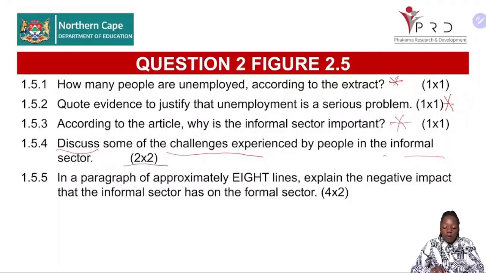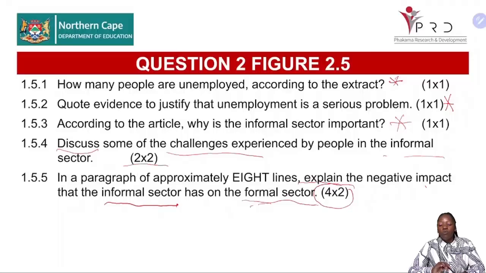Then number 5, in a paragraph of approximately 8 lines, remember you need to give a full answer, explain the negative impact that the informal sector has on the formal sector. 4 times 2, meaning you need to give 4 responses for you to get the 8 marks. So you have identified all the questions that you're supposed to refer to the extract.